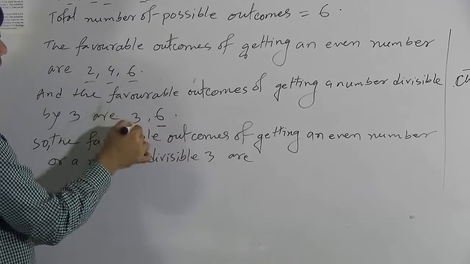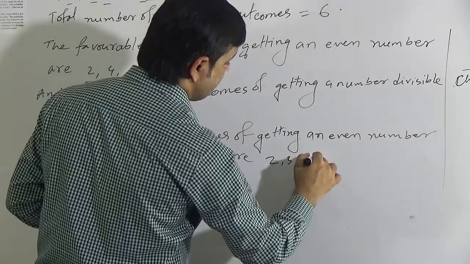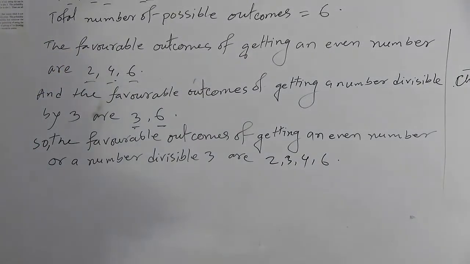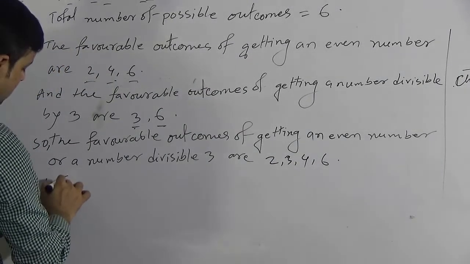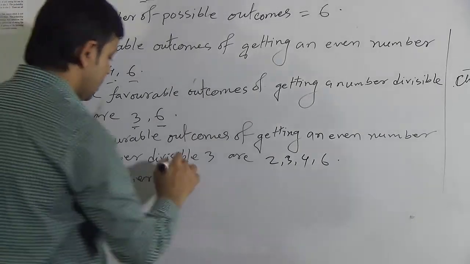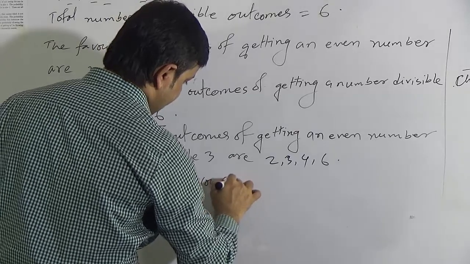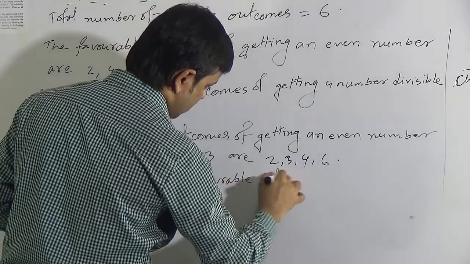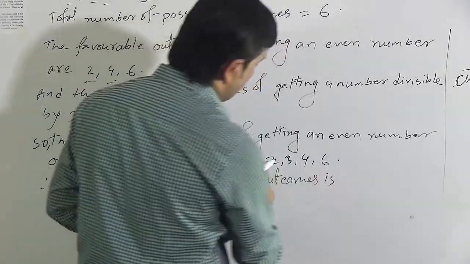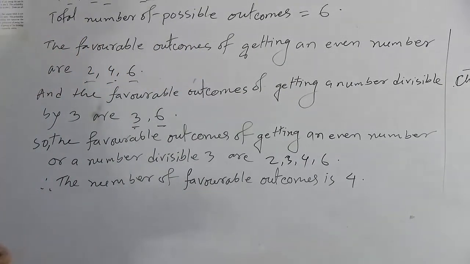It means 2, 3, 4, 6 are the favorable outcomes. Therefore the number of favorable outcomes is 4.